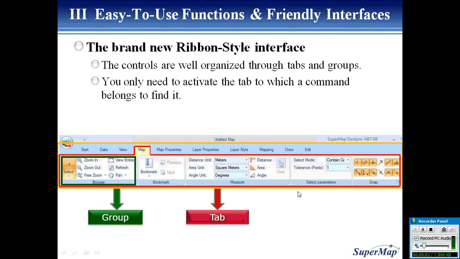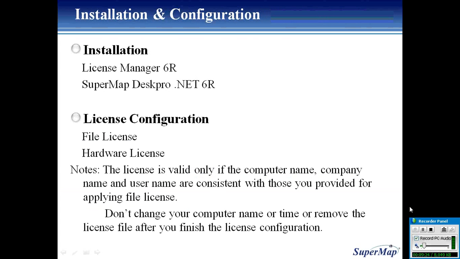You only need to activate the tab with a command belongs to find it. The ribbon area looks like the one in Office 2010 or Office 2007. It is familiar to users, and it greatly enhances your work efficiency.